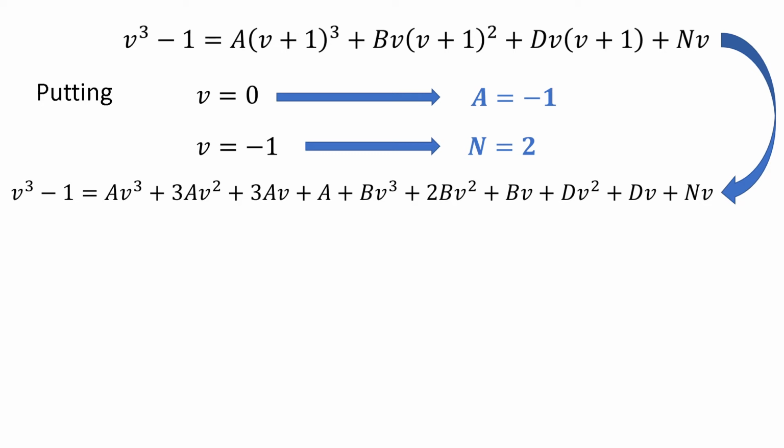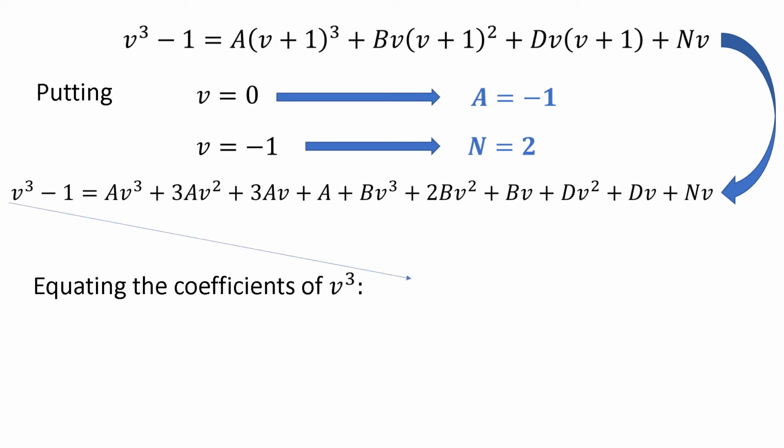And to solve for the values of B and D, we could equate the coefficients of like powers in our identity. For instance, if we equate the coefficients of v cubed, it means that the coefficient of v cubed on the left side of the equation must be equal to the coefficient of v cubed on the right side of the equation.